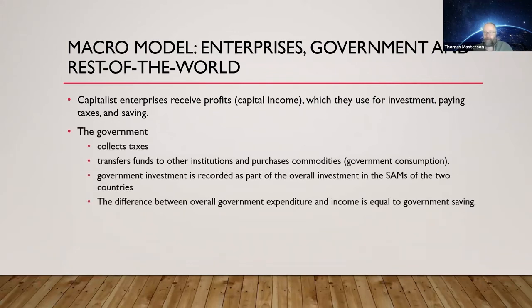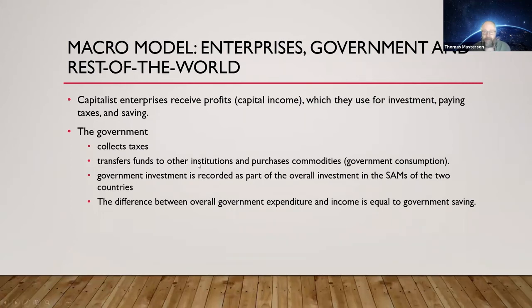The government collects taxes, right? That's their income stream, indirect and direct taxes, and they transfer funds to other institutions and purchase commodities, which is government consumption. They invest, and that's part of overall investment. And the difference between government income and expenditure is equal to government saving.